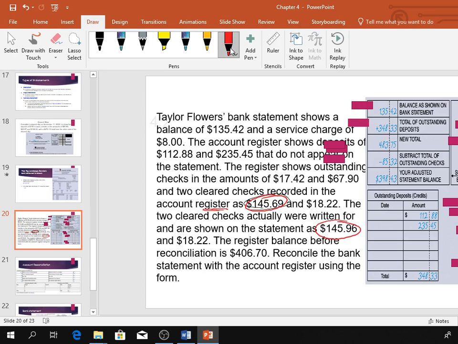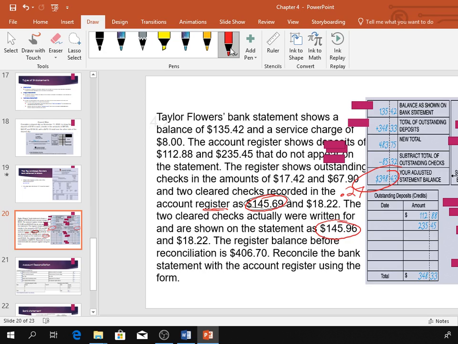If you're trying to decide which one's right, it's most likely the bank because it's more electronic than yours. So you need to find the difference here. The difference between these two is 27 cents. That means you didn't take out enough, so you still need to take out 27 more cents in your register. So that's why this is being subtracted right here. You subtract it from that to get your new total, and you hope that these two line up, and lo and behold, they do.